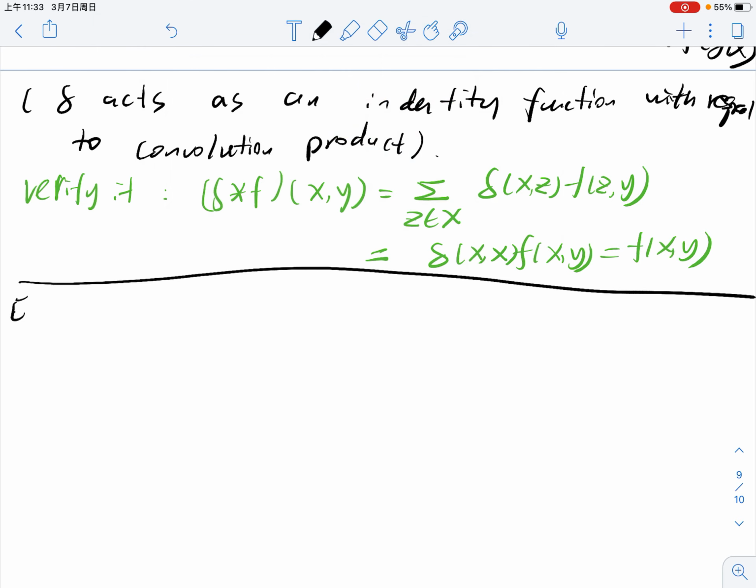The next important object is called the zeta function.